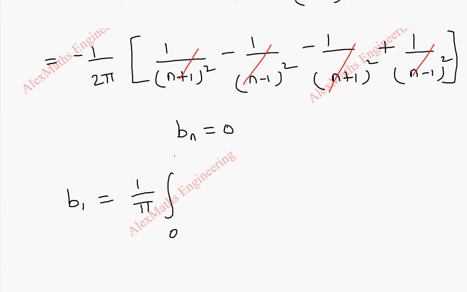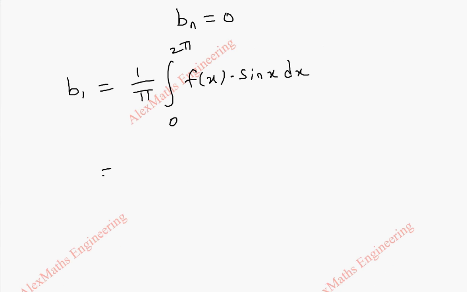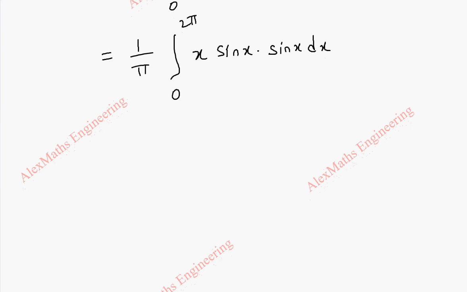So 1 by pi integral 0 to 2 pi f of x into sin nx, but n is 1, so it is sin x dx. So this is 1 by pi integral 0 to 2 pi, f of x is x, into sin x, again one more sin x dx. So it is sin square x.